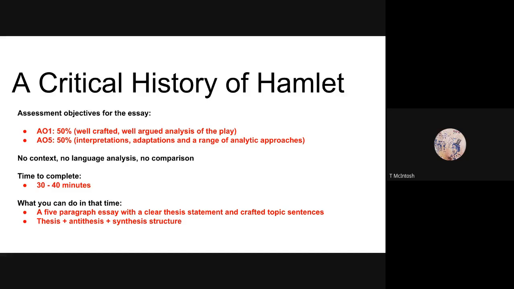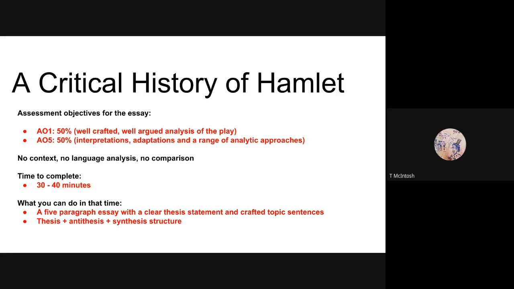Right, so your time to complete it, you've got an hour and 15 minutes for the entire Hamlet side. So depending on how quickly you do the extract task, you've got at most 30 to 40 minutes to write a whole essay on Hamlet, the most interpreted play in the history of the English language, which can seem very daunting.